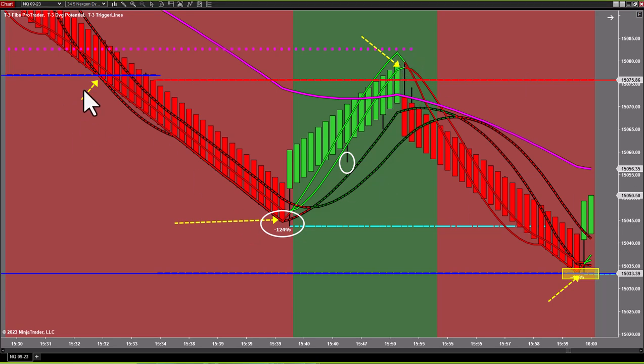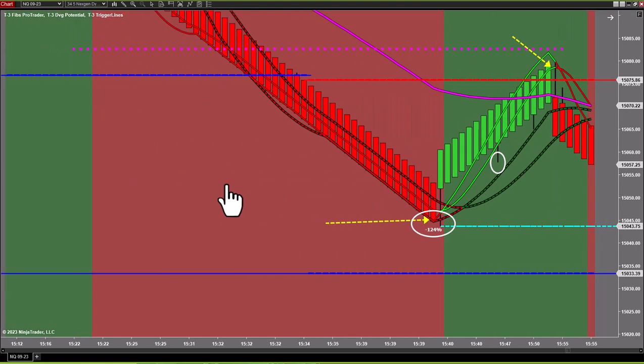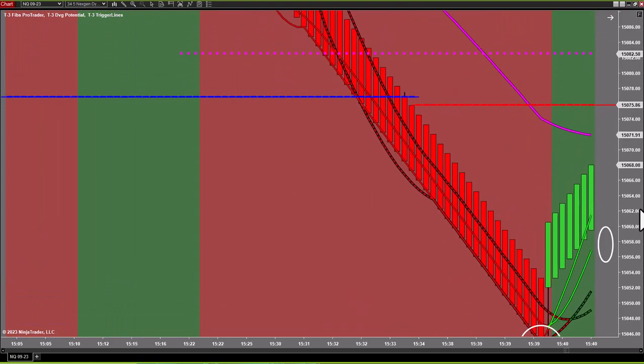So what we're looking for whenever we get to a fib, price can go a little bit past it, whatever, that's fine. But once both triggers are below the fib, right, meaning physically both the large and the small triggers are below the fib, that's where we can anticipate continuation to the downside.